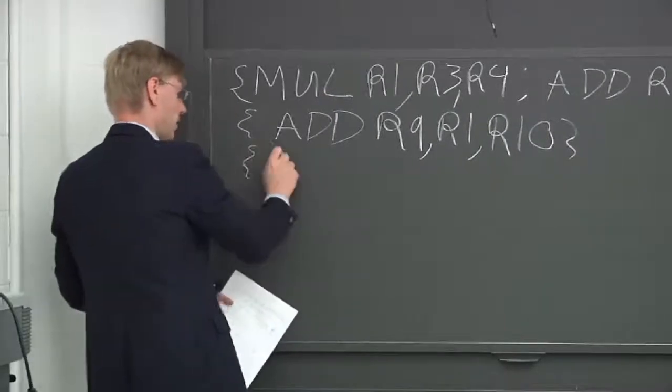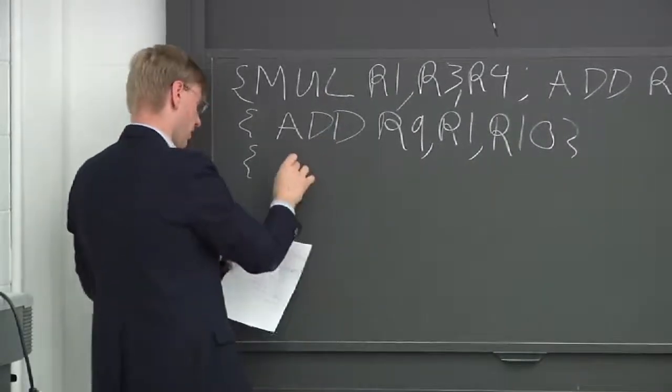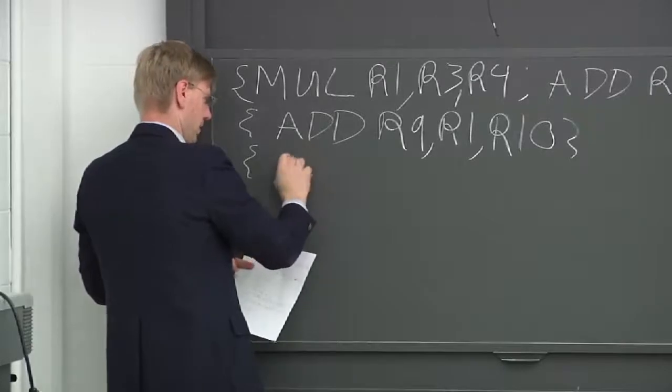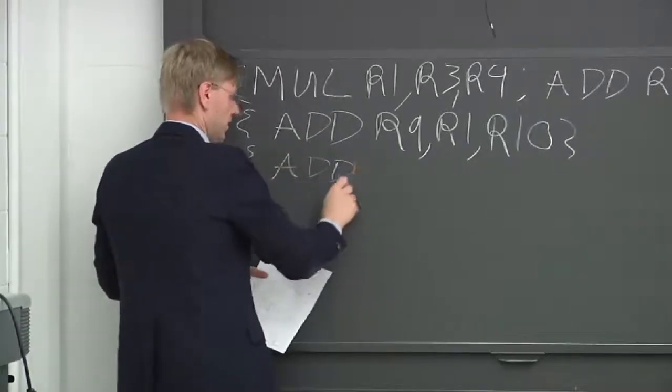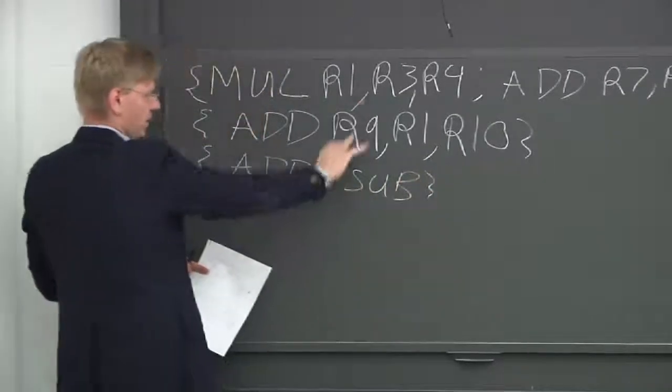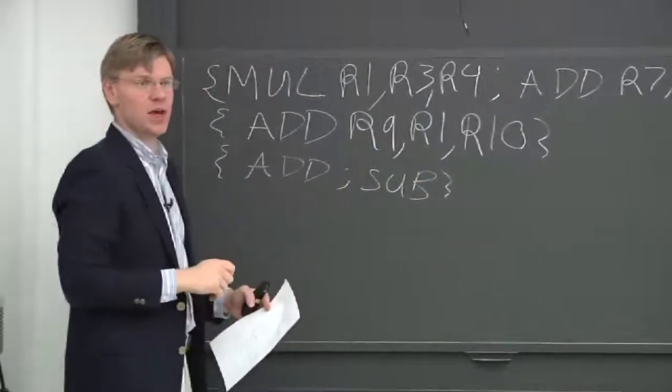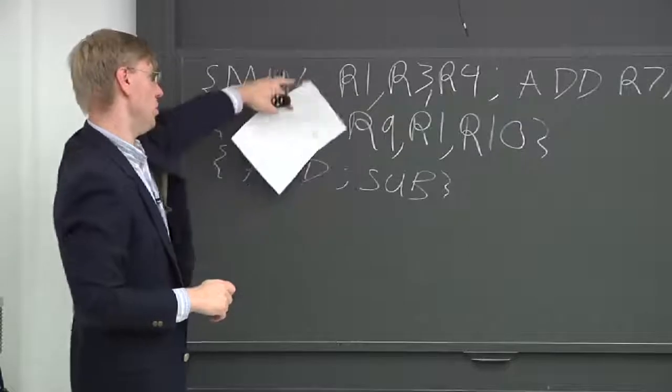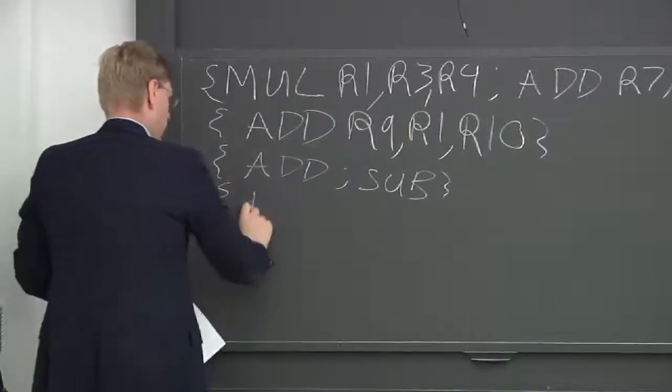And then let's say we just have some other random stuff. I don't know, maybe some non-dependent adds and subtracts. I'm not going to write the registers here because they don't read anything or write anything which is read or written in these two bundles. Maybe you have a no-op.